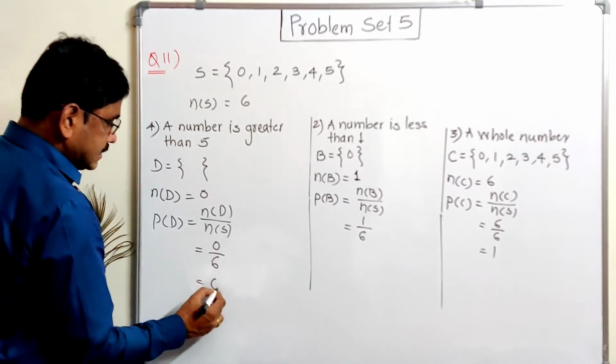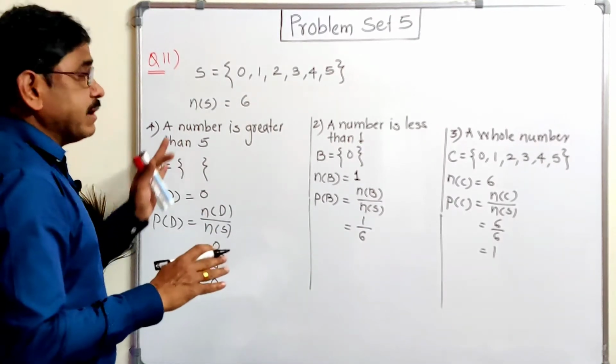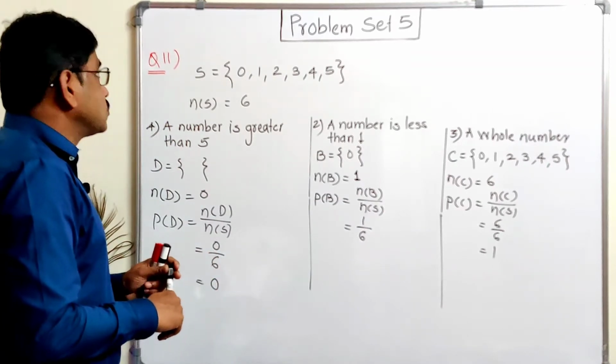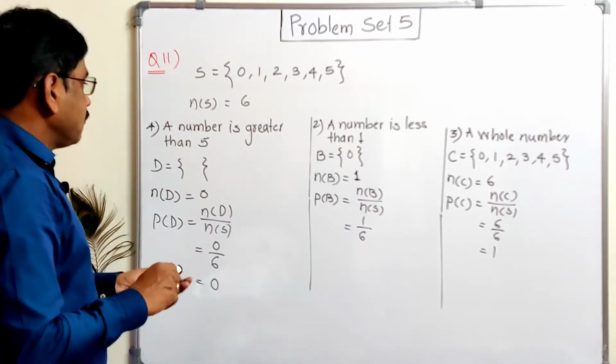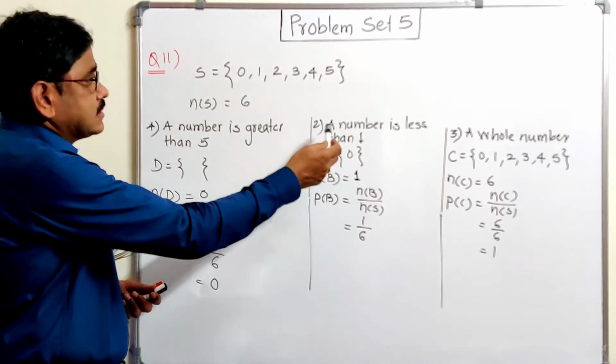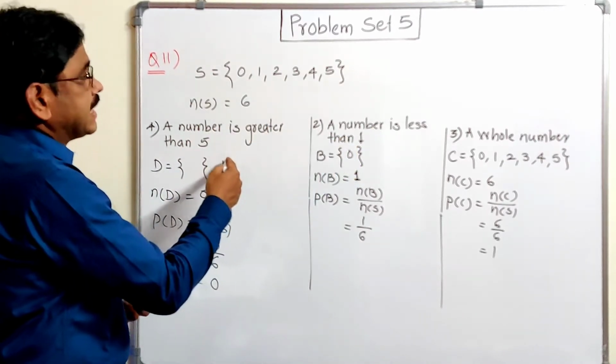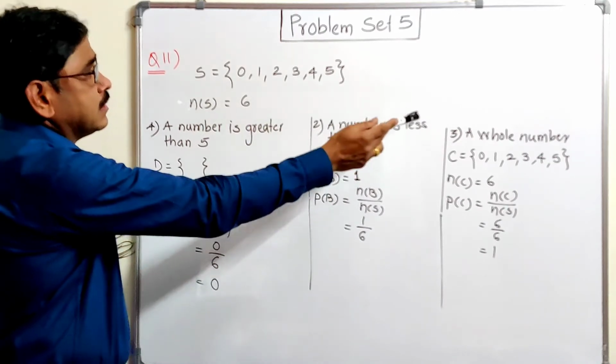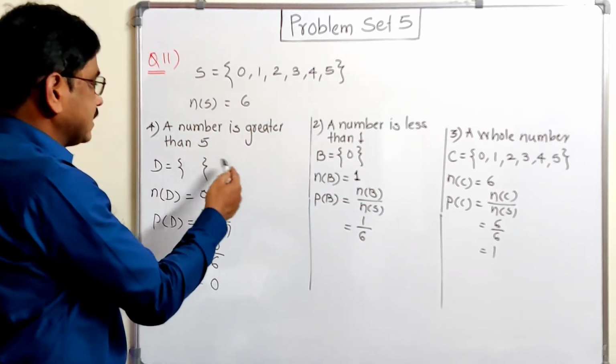So probability is 0. So it is impossible. That's why the probability is 0. So in this way, in the 11th sum, we get the probability that the number on a card is a natural number, then a number less than 1, then a whole number, and a number greater than 5.